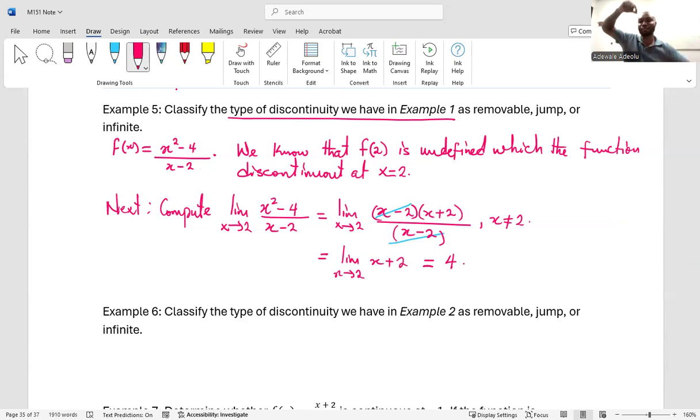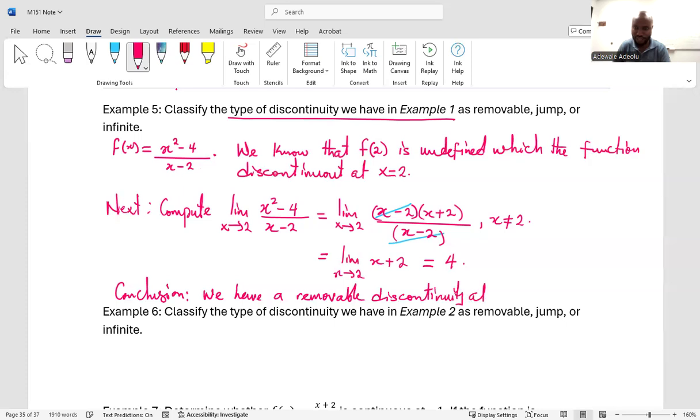It means that point has been removed. So we can conclude. Conclusion: we have a removable discontinuity at x equals 2.